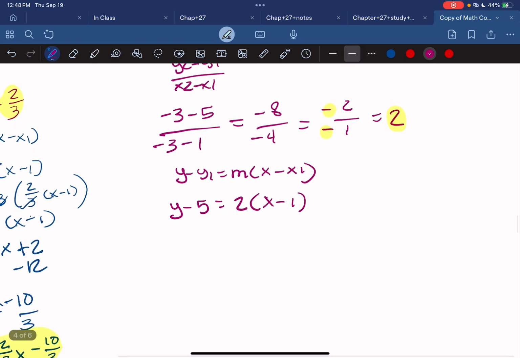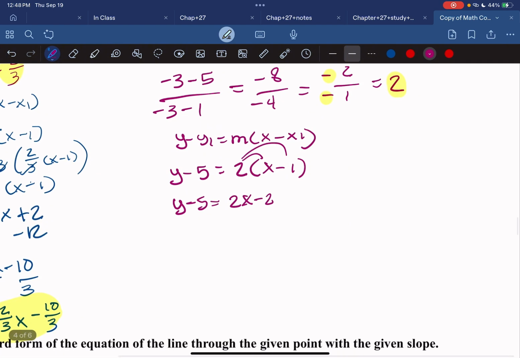We don't have to get rid of any fractions, so let's just distribute that 2 to x minus 2. Let's add 5 to the other side. Y equals 2x, negative 2 plus 5 is going to give us 3, so plus 3. That's our answer.